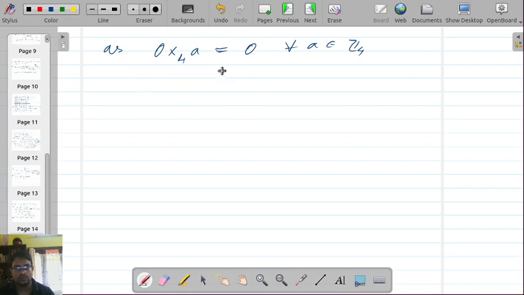So we cannot find an element a which when multiplied with 0 gives you the identity element, which is 1, in Z4.